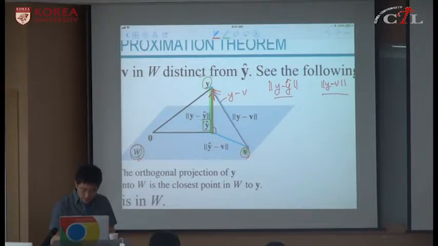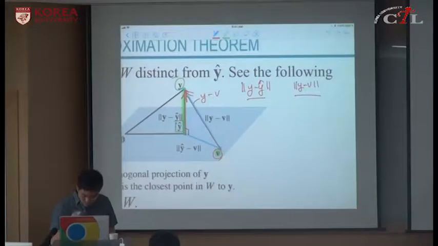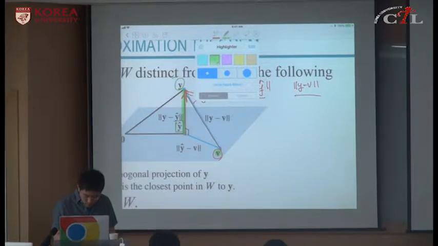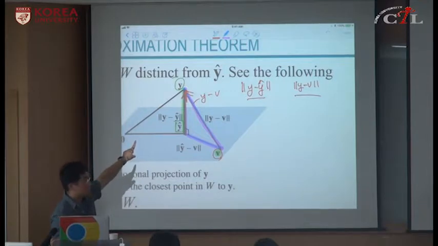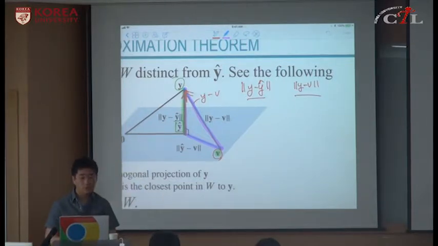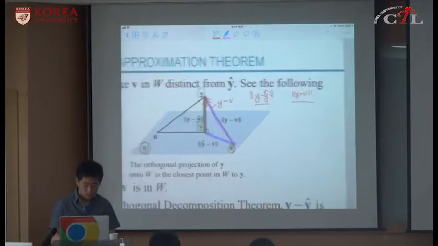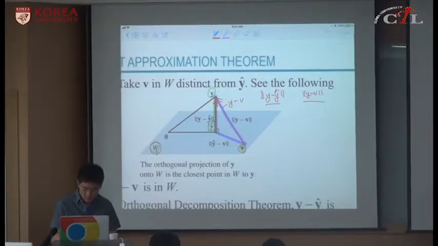From here, we can always think of this kind of triangle. The first one is the error component from y hat, and another one is the second error component from v. What about this y hat minus v?